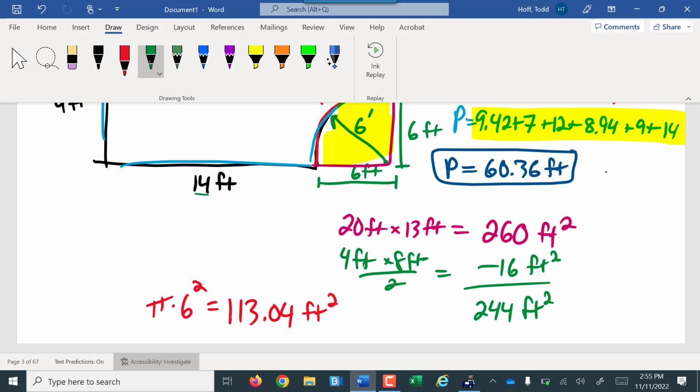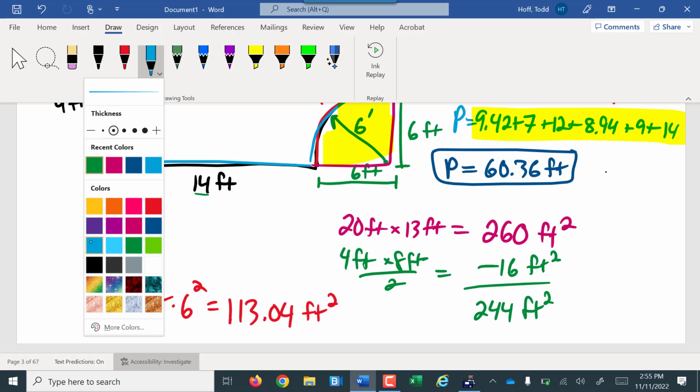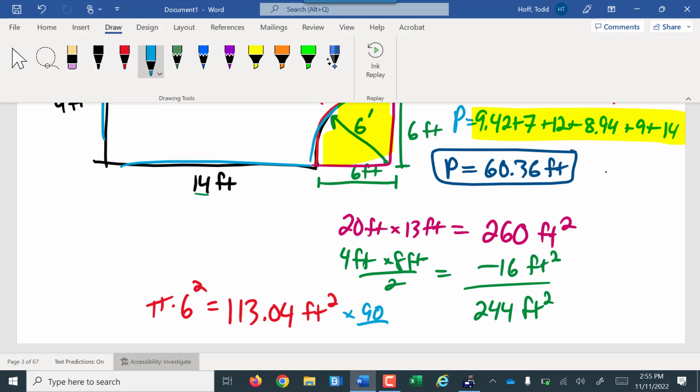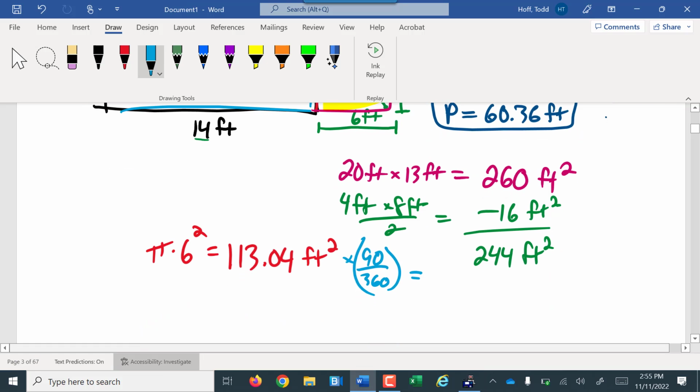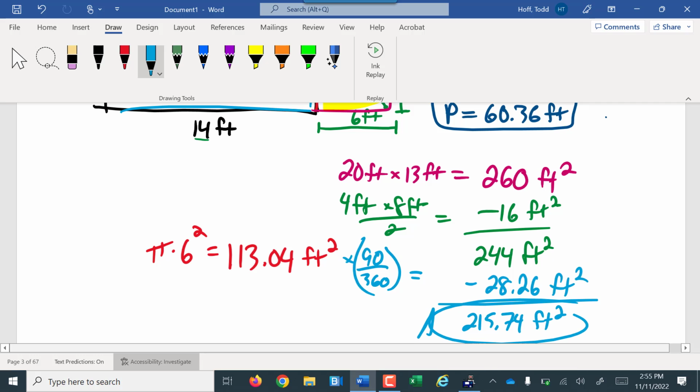And then, of course, we have to do that times 90 over 360, giving us 28.26. So we have to subtract 28.26 square feet more. So that's 215.74 square feet of area.